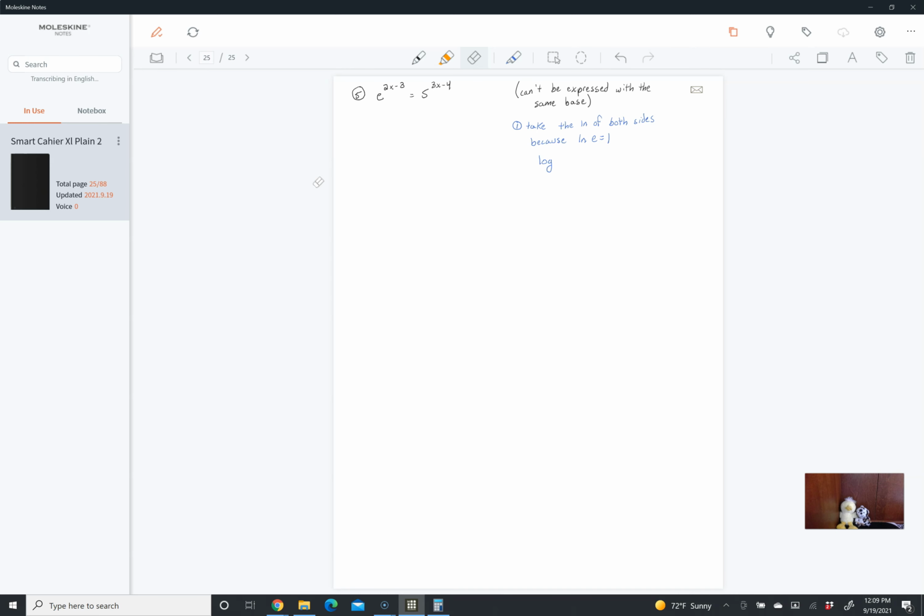Log base e of e equals 1. Log base a of a is equal to 1. If the base is the same as the argument, then the log is 1. Okay? This is like saying a to what power is equal to a? And that what power is 1, right? A to the first power is equal to a.